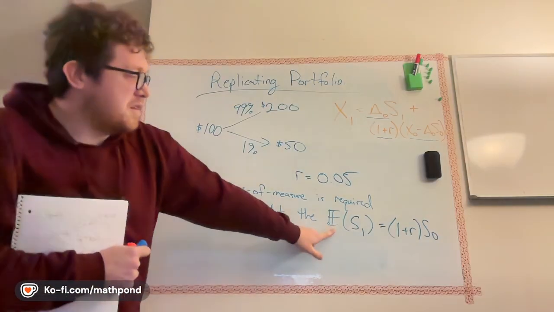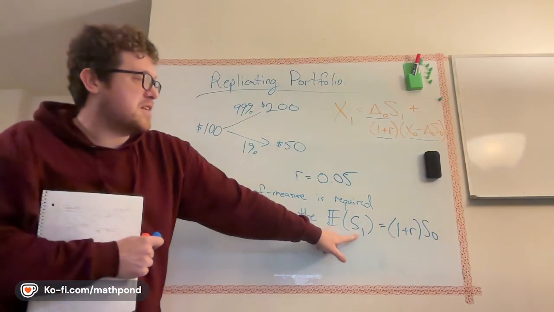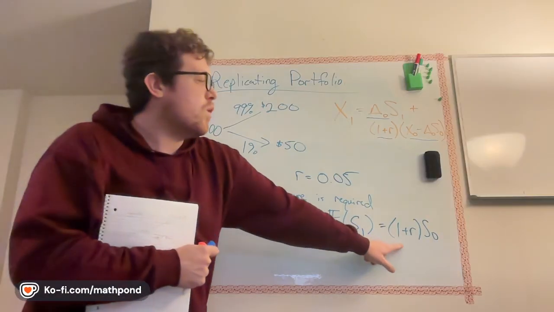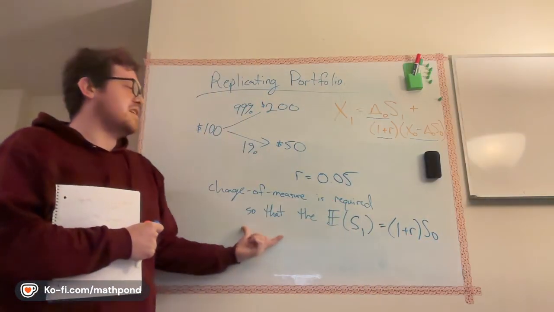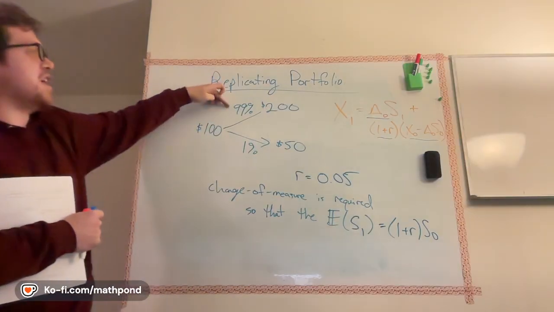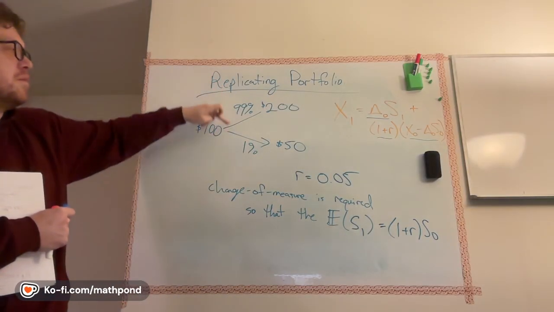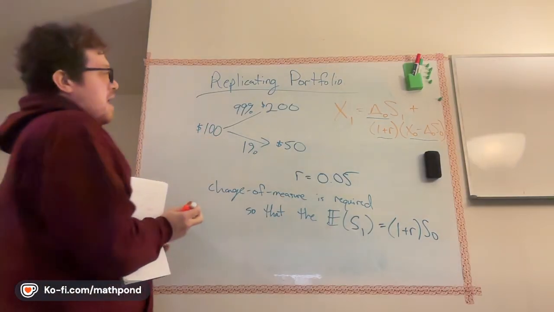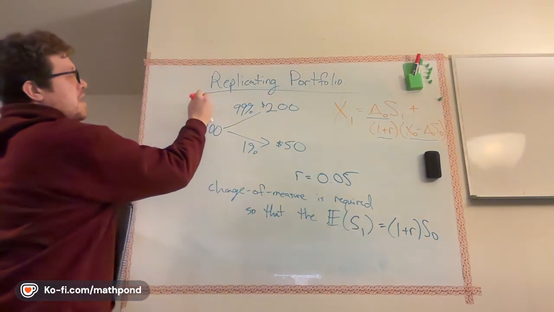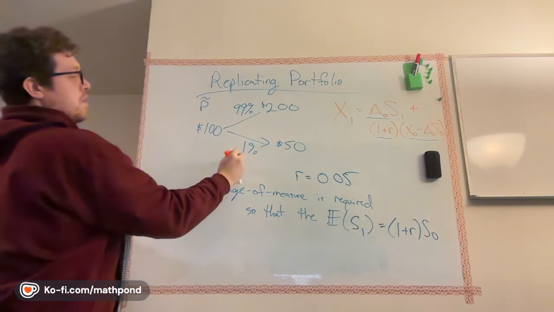And this is the expected value. The expected value of the stock price at time 1 should be exactly 1 plus R times S0, but that's in the new measure. So we change these to a new measure, and the new probabilities we're going to call P tilde and Q tilde.